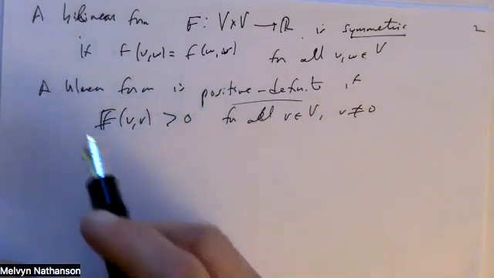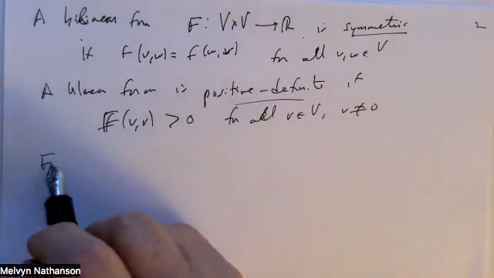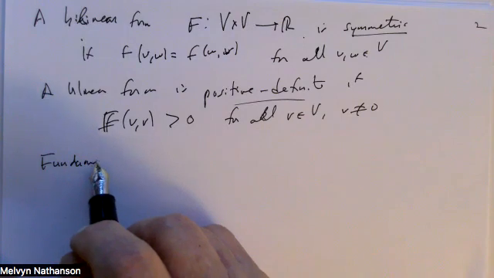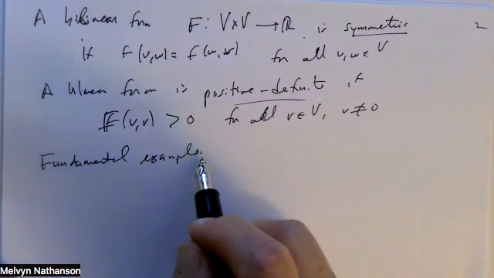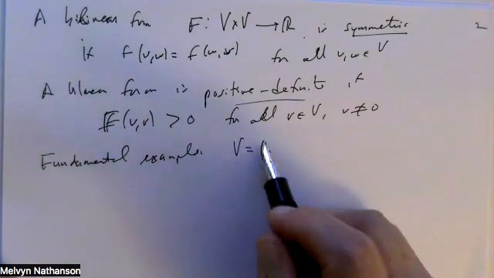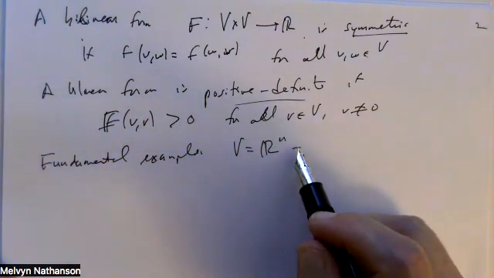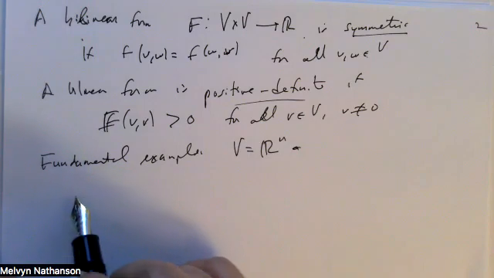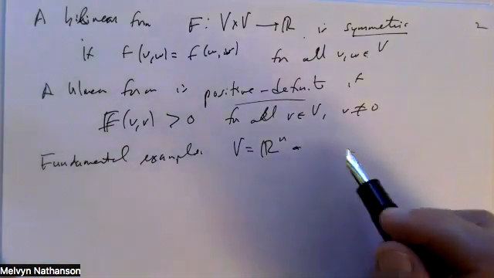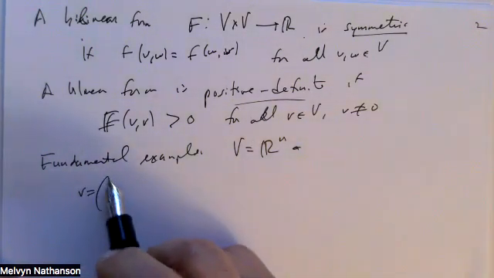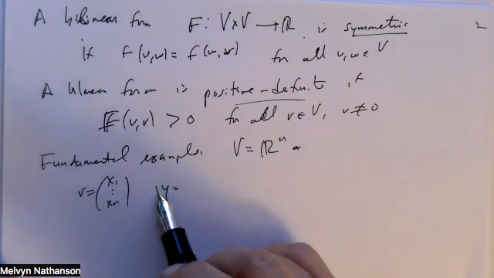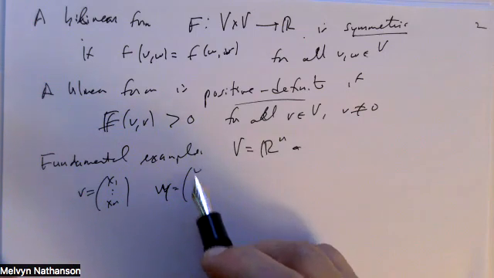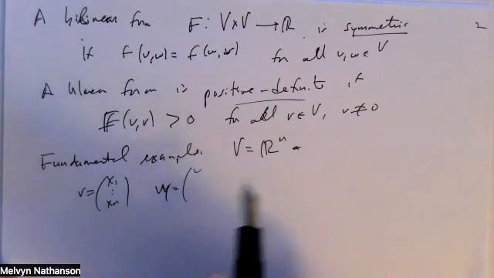So here is the fundamental example. Suppose we take V to be R^n, and we take two vectors, let's say v is (x1, ..., xn) and w is (y1, ..., yn).